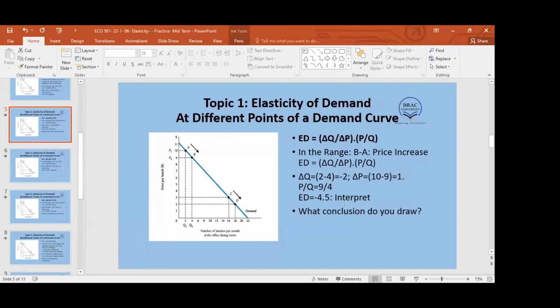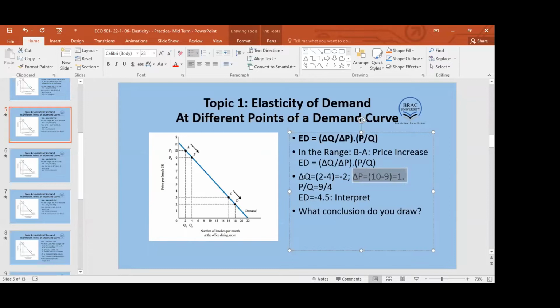Okay, what about if we move from B to A? What is happening now? Price is increasing, isn't it? Yes, sir. So look, that means the change in P is now positive because price has increased from 9 to 10. That means now we calculate 10 minus 9. What has happened to quantity as we moved from B to A?